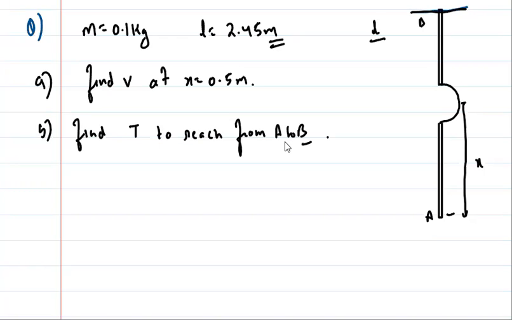Now tell me one thing. When you talk about tension, first concept, the very first question you should ask yourself: sir, will tension remain the same? Tension is constant throughout?